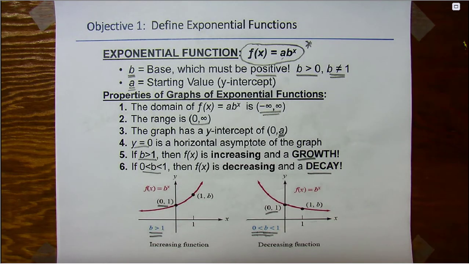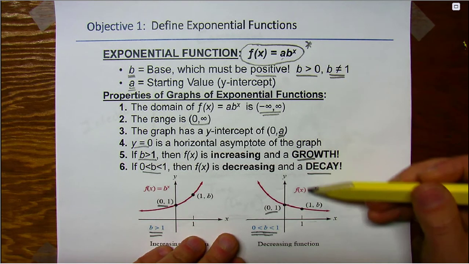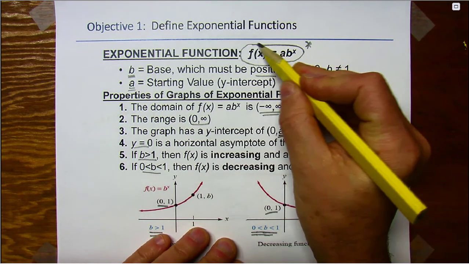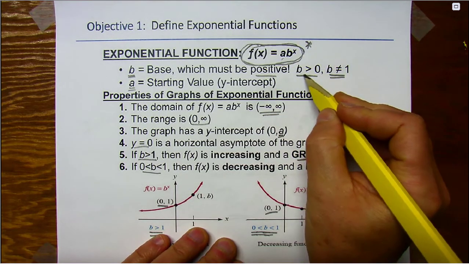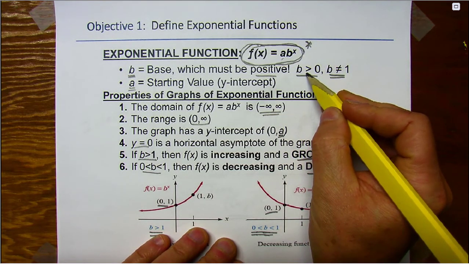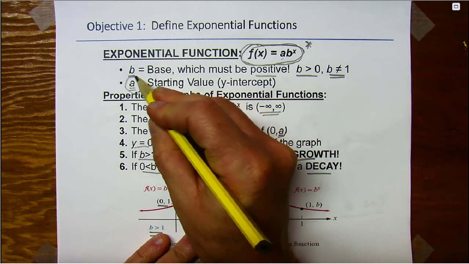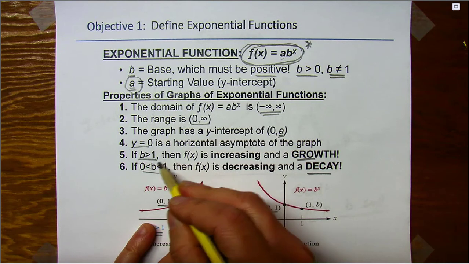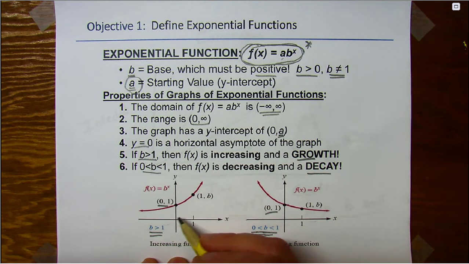There's really 2 things that I want to note here in summary. First of all, this covers all of the important information. Exponential functions follow a form ab to the x, where b determines whether this thing is growing or decaying. A is our starting value. If b is bigger than 1, then we have an exponential growth situation like the one on the left.